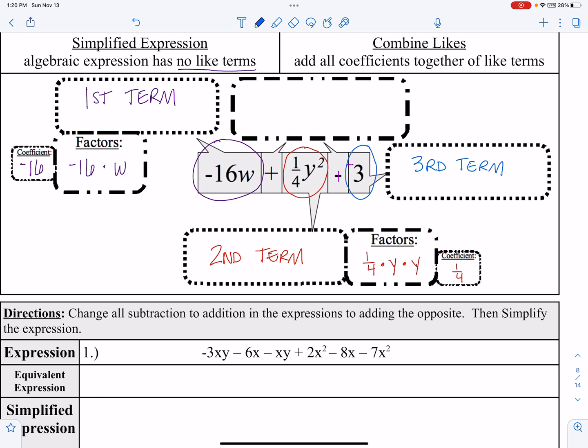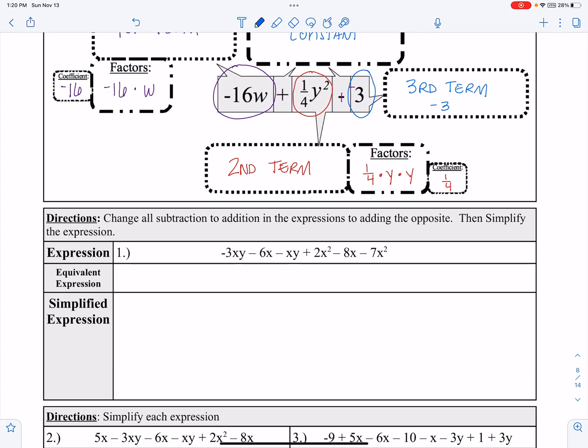And our third term does not have two factors. This is what's called our constant, and our constant just means it has no variable attached to it. Just be aware, though, for this one, our term is the entire negative 3.